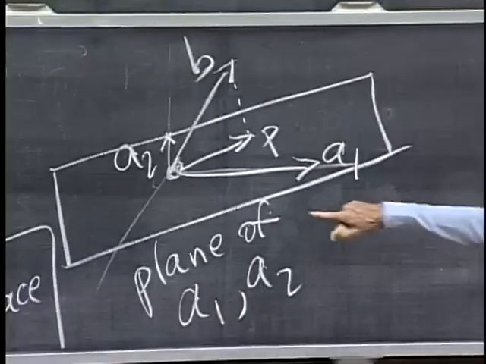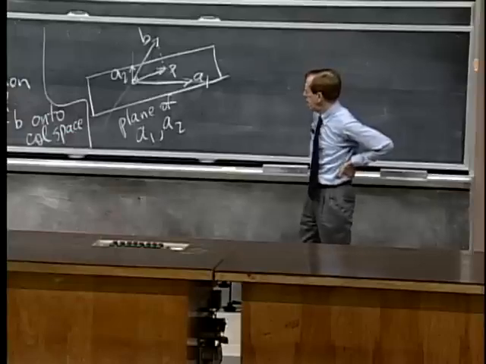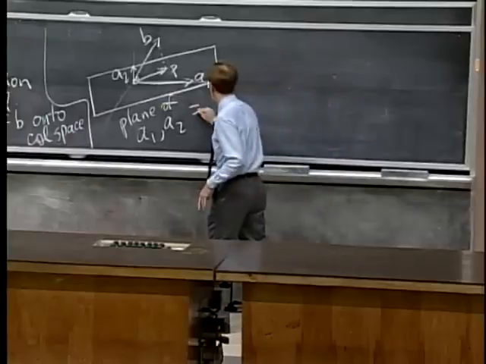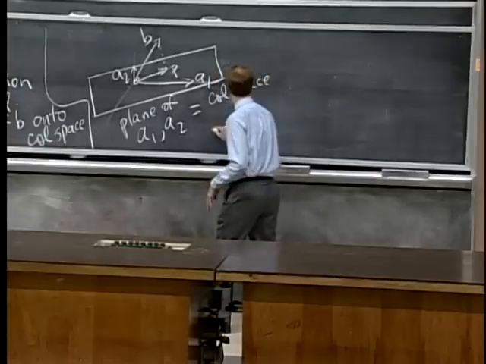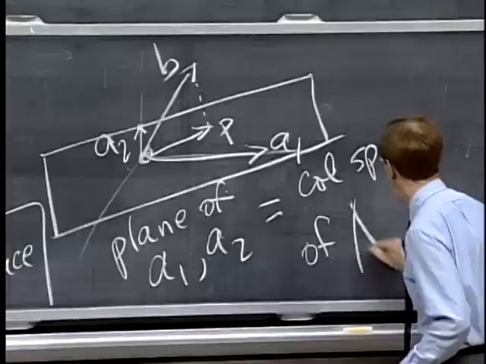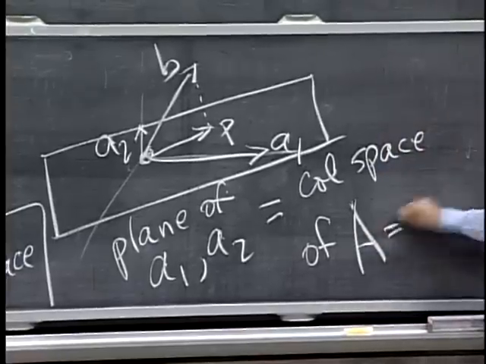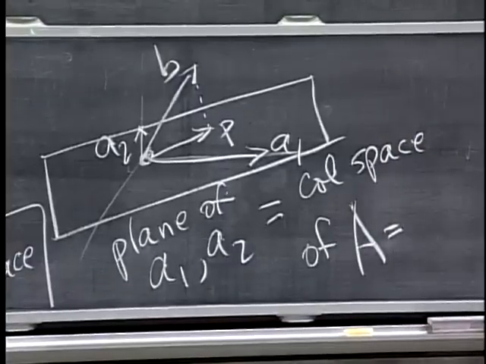And actually, going back to this connection, this plane is a column space. It's the column space of what matrix? So how do I connect the two questions?